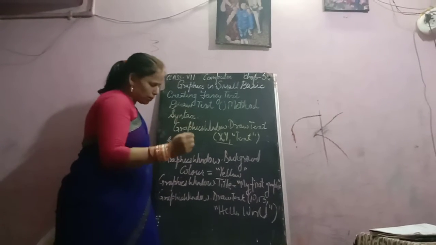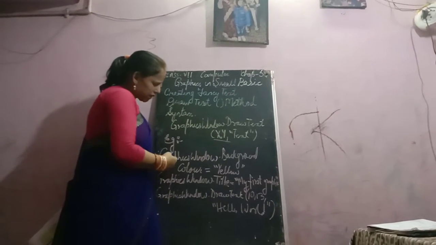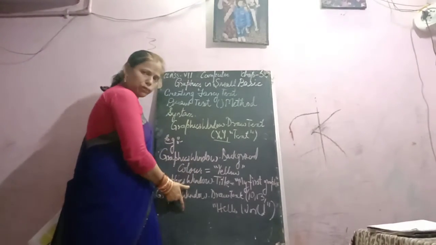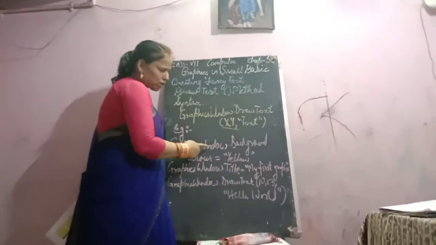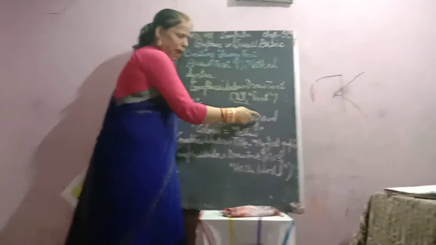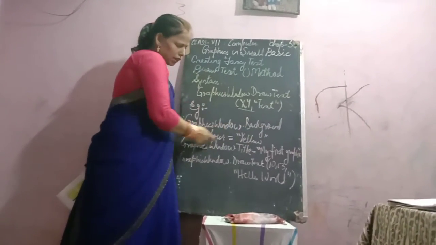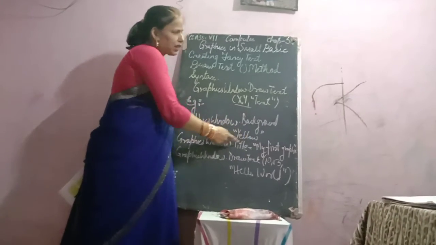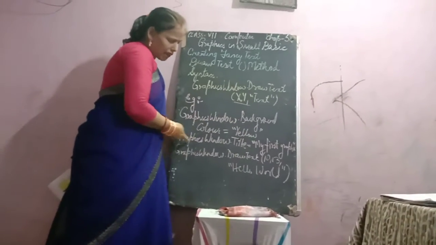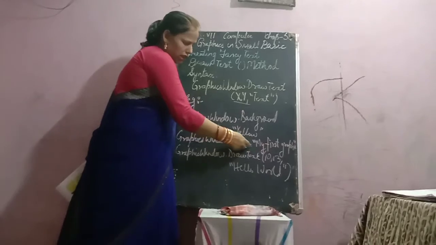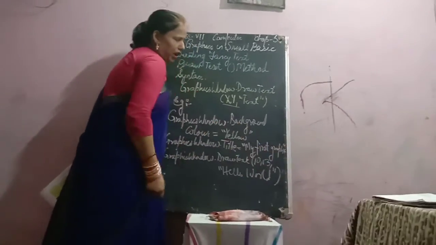Yesterday I gave you some of the commands. Let's revise here. We have made a complete program over here. Graphics window dot background is for the background color; we have given the background color yellow. Graphics window title equal to my first graphic.